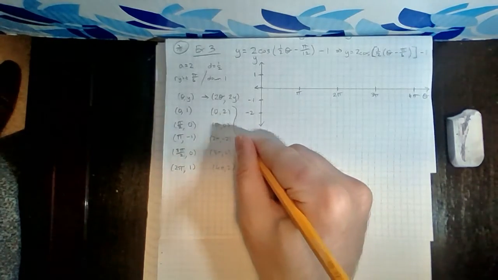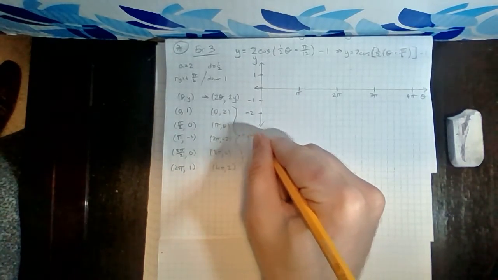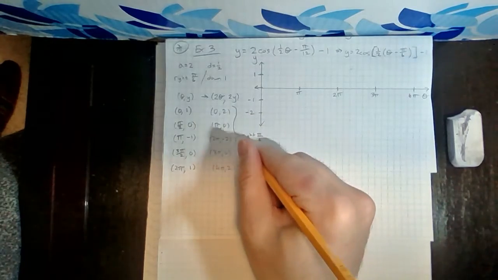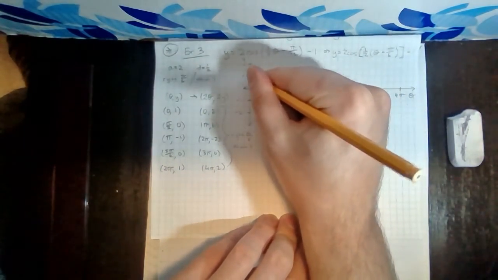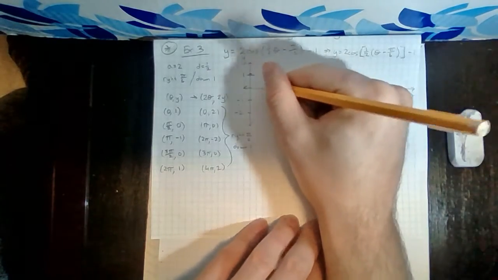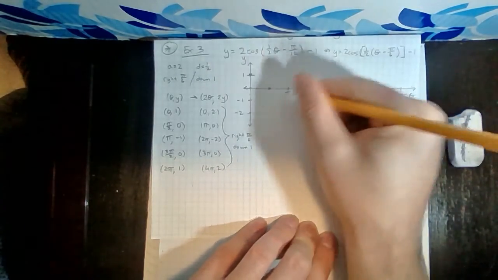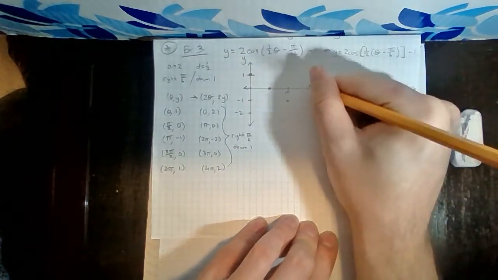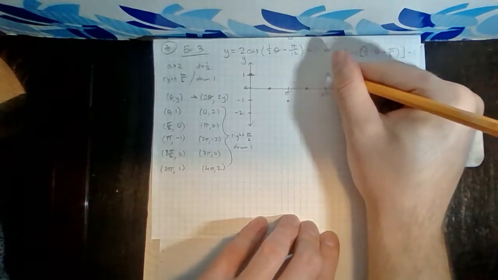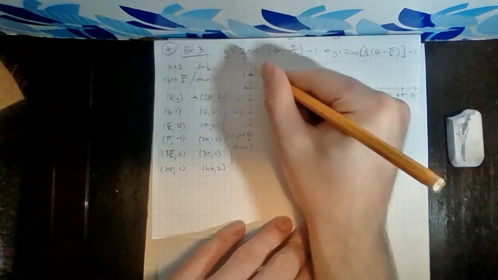We're shifting right by pi over 6. We're shifting down by 1. So our original function, our original cosine: 0, 1; pi over 2, 0; pi, negative 1; 3 pi over 2, 0; 2 pi, 1.